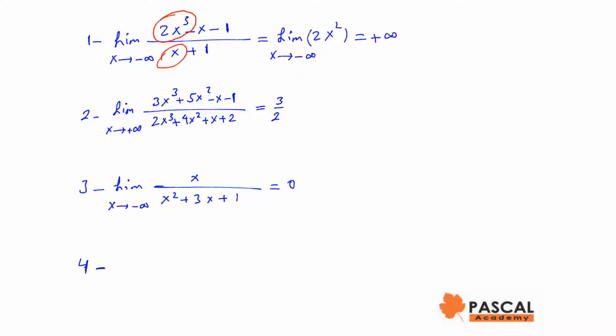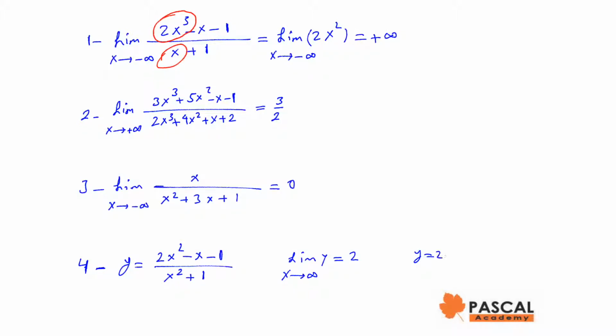Example 4. Determine the equation of the asymptote of y equals 2x^2 minus x minus 1 divided by x^2 plus 1. Limit of y as x approaches infinity is 2.